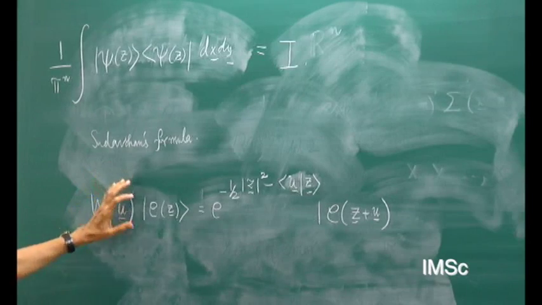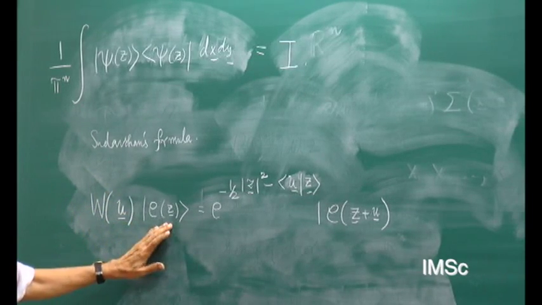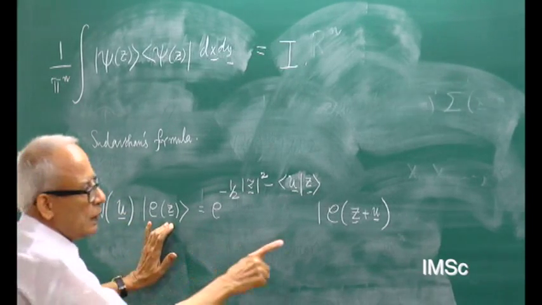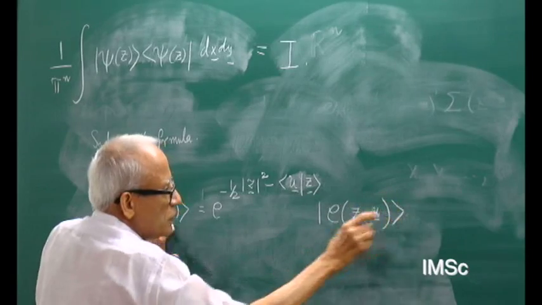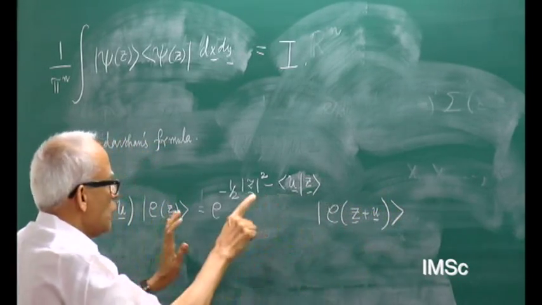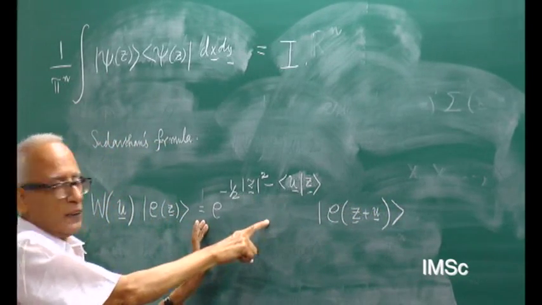So, this is an operation on the exponential vector which translates this exponential vector and puts an additional scalar factor.